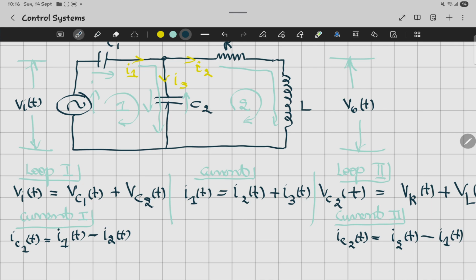This is how you can actually get the current inside the loop.